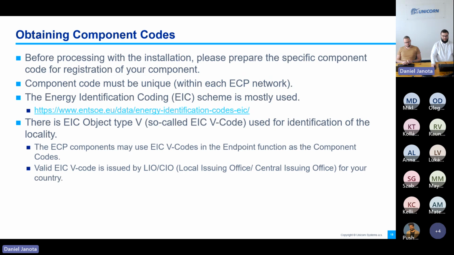So you need to contact them too, and they will provide you with the code, and you can proceed with registration. Also, please note that the codes must be unique within each ECP network and also all synchronized ECP networks, but this should be covered by the issuing office or by the component directory administrator.